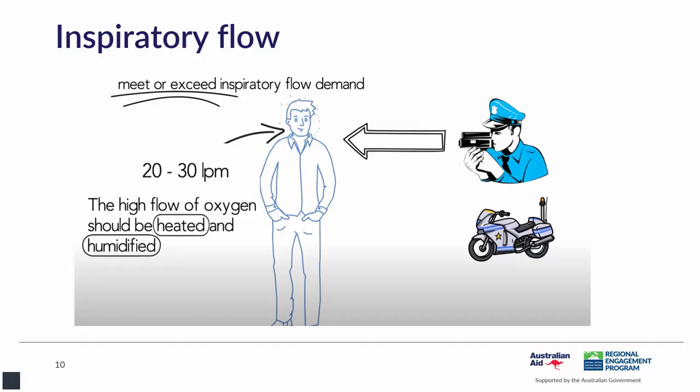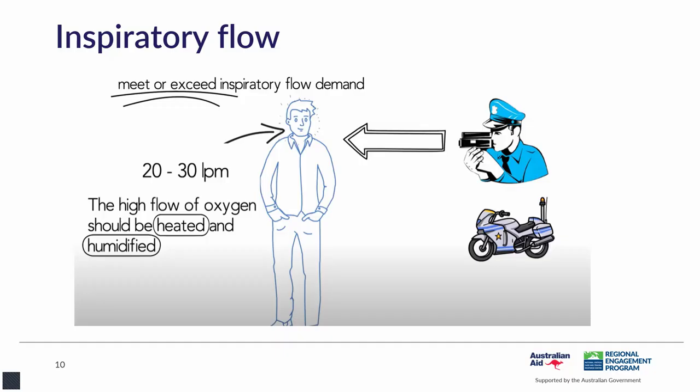So when a patient is out of breath, because they've exerted themselves through exercise or through illness, their inspiratory flow demand increases. Now when we exercise and we feel exhausted for between 10 minutes or 2 hours, we know that our inspiratory flow demand will eventually get back to normal, because we're fit and healthy.